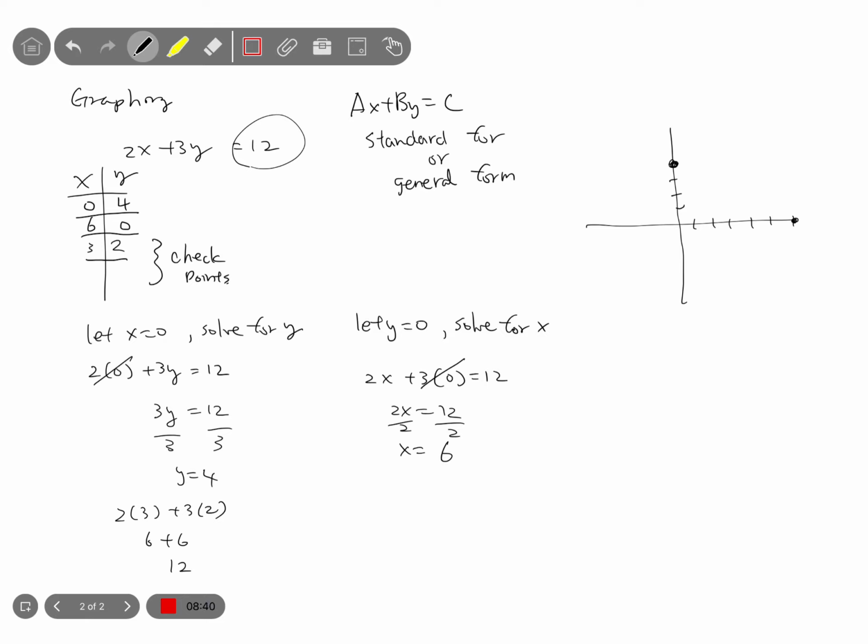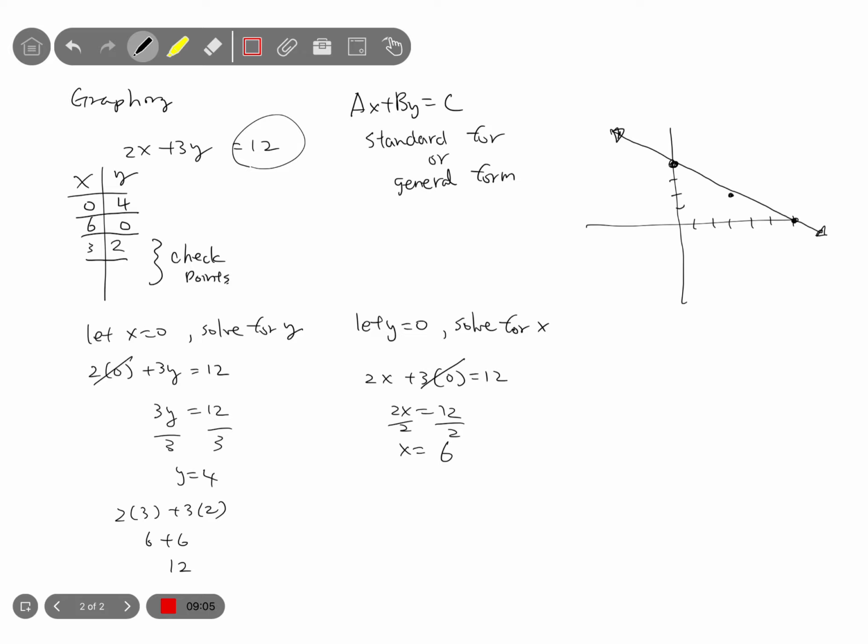And 3, 2 will be 3 to the right and 2 up. Now, I'm doing this freehand, so it doesn't look very accurate. But once you put it on the grid and use a ruler, you can see that all the points lie on the same line. Okay?